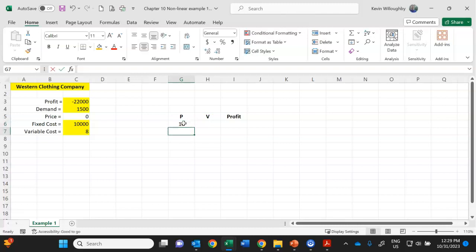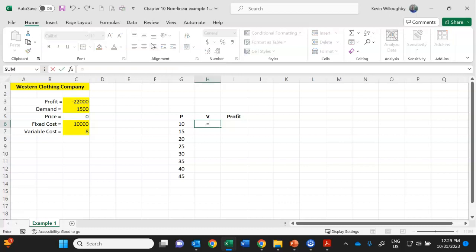I'm going to start at $10 and go up to about $45. Our volume is based on an equation, 1,500 minus 24.6 times our price. So I'm going to put that equation right in here: 1,500 minus 24.6 times this price in cell G6.